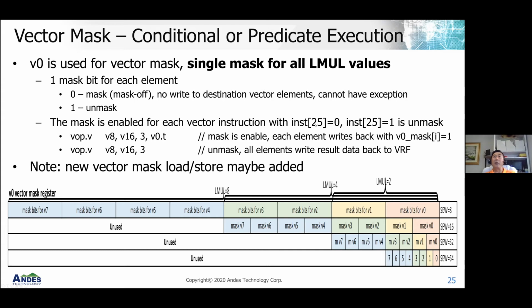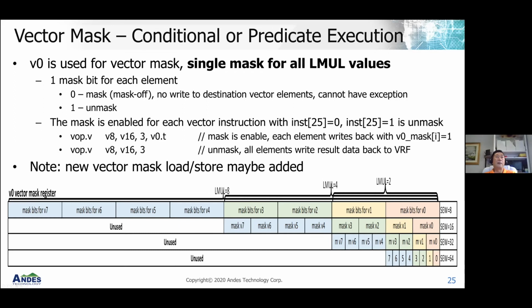Bit 25 of the vector instruction is reserved for the mask. If it's 1, then it's unmasked, and if it's 0, then you use the mask from vector register 0. If bit 25 of the instruction is 1, then the instruction is unmasked, and all the elements can write the result back to the vector register.